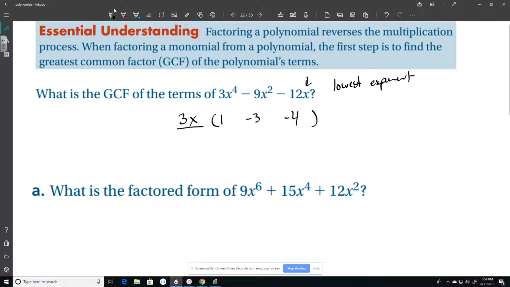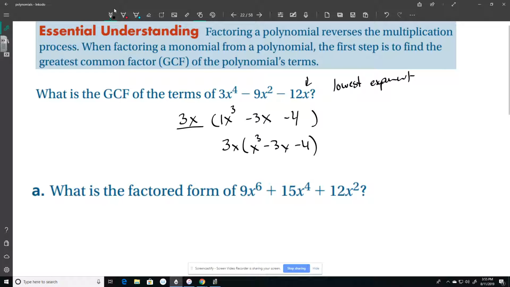I can't pull more than that. So the negative 4, when I pull out the x, there's no more x's. x squared, if I pull out one of the x's, I'm only left with 1x. x to the 4th, if I pull out an x, I'm left with x cubed. So my answer would be 3x multiplied by x cubed minus 3x minus 4.